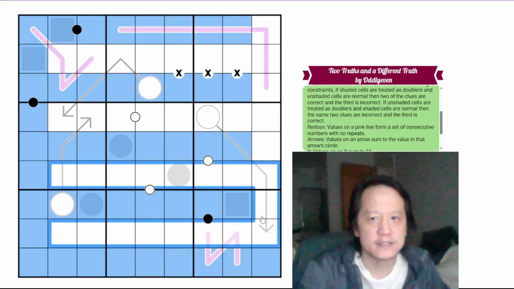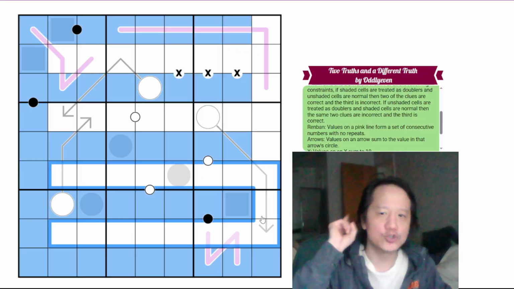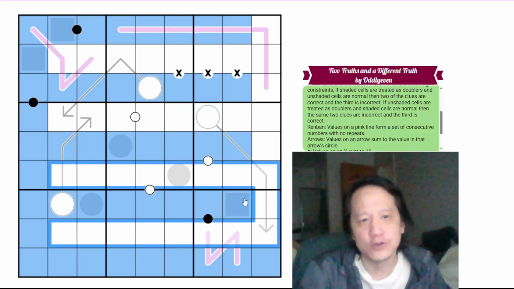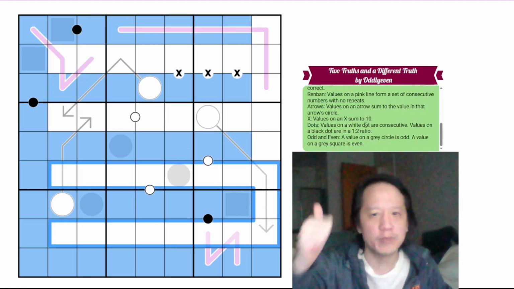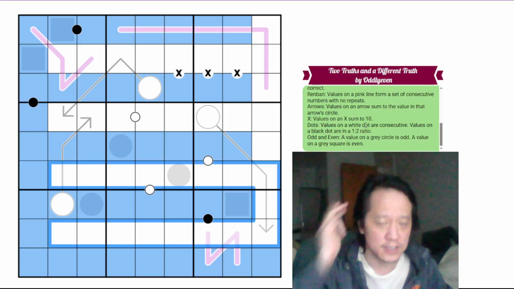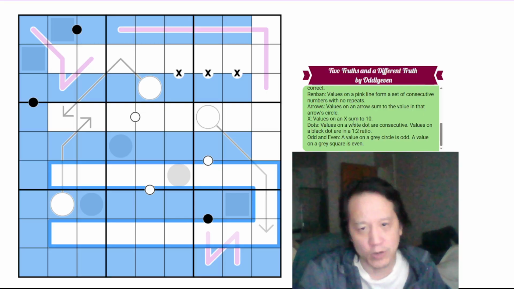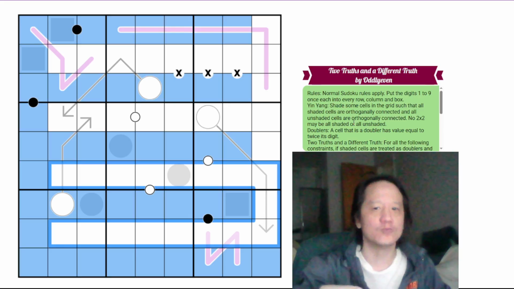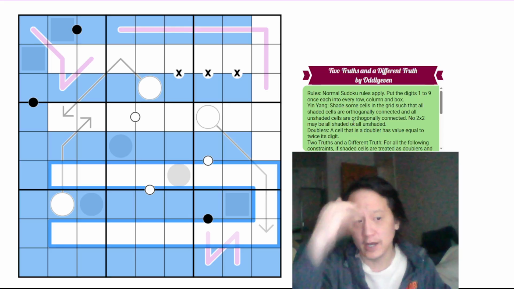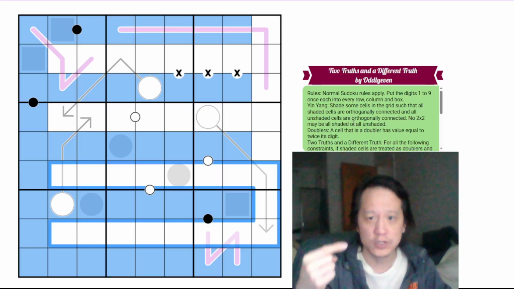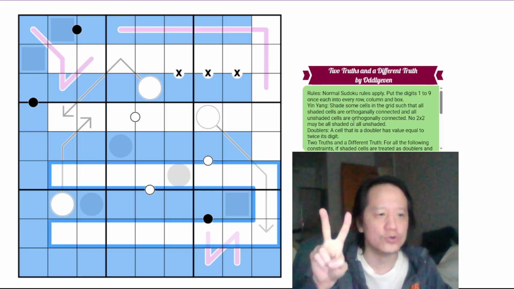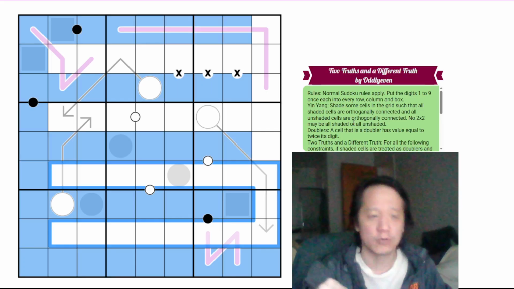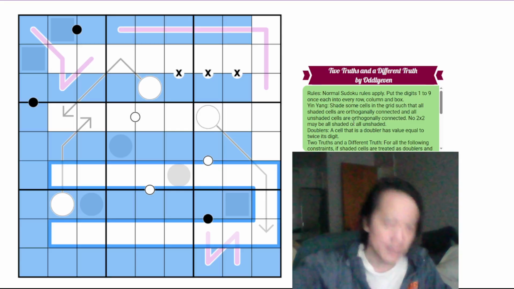In the instance where you treat the shading as doubled, then two of the following clues, which are Renban, arrows, X dots, and odds and evens, are correct, and one is incorrect. Then when you treat it the opposite way, with the shading as normal and the unshaded cells as doublers, the two clues that were correct become incorrect, and the clue that was incorrect becomes correct.